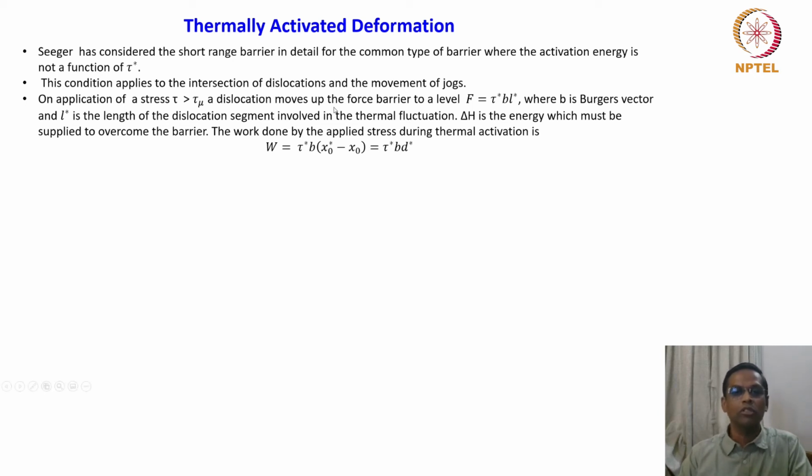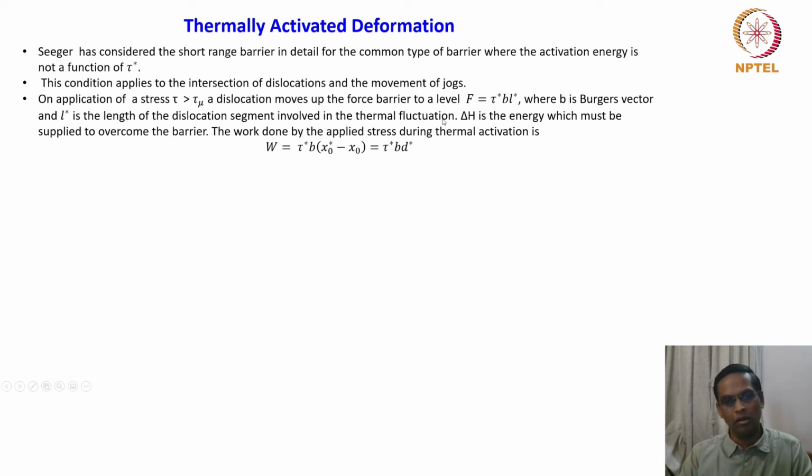A dislocation moves up the force barrier, which is shown in the previous slide, to a level of F is equal to tau B L star. This expression is also quite familiar to us. It is given in a slightly different notation, but the meaning is the same. We have seen that F is equal to tau B, a very basic equation, where B is the Burgers vector and L star is the length of the dislocation segment involved in the thermal fluctuation.